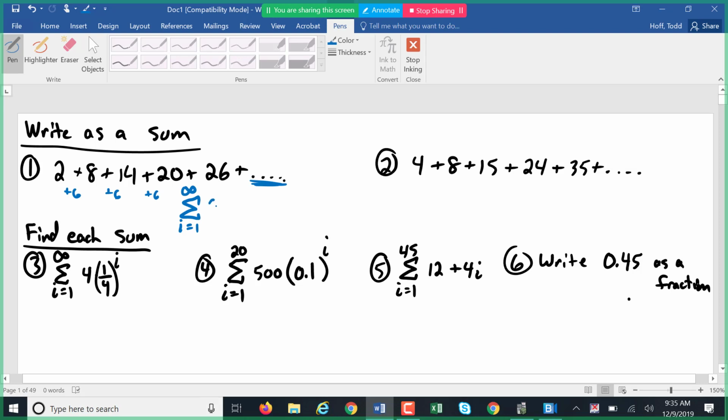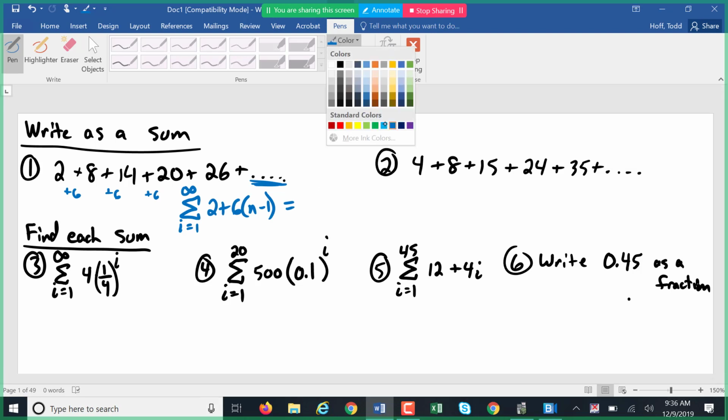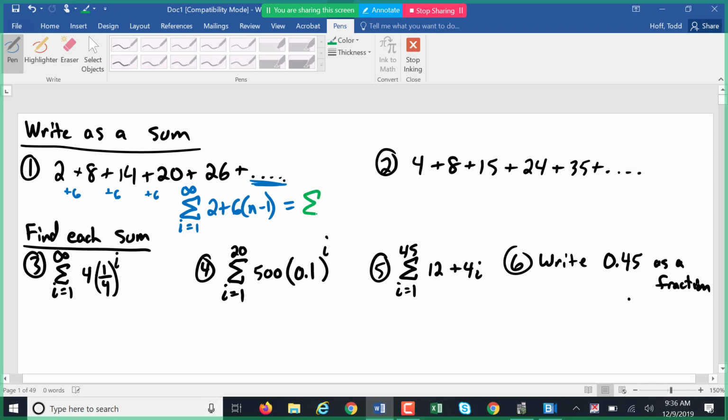So I can either start with 2 and then add to it 6 times n minus 1. Or, equivalent to that, from i equals 1 to infinity, instead of starting at 2, I could have backed up 6 and done negative 4 plus 6n.